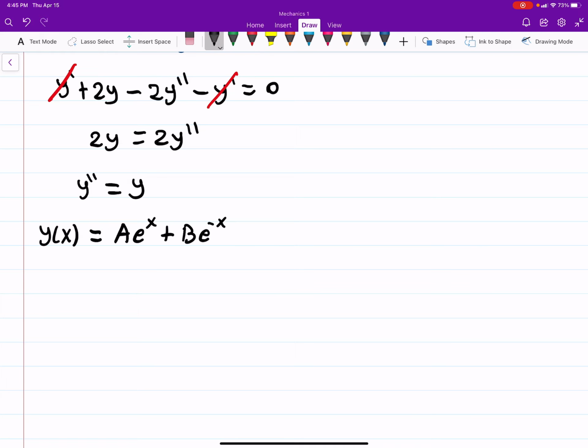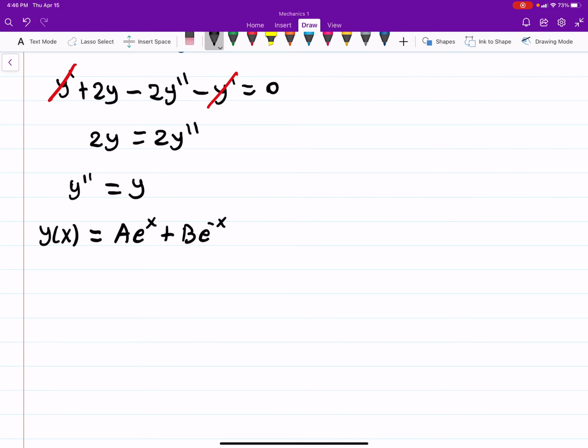If you're not familiar with differential equations, maybe it'll be easier if you see it like this: d squared y over dx squared equals y. So you have a function, and if you take its derivative twice, you just get that function back. So this is the general equation.